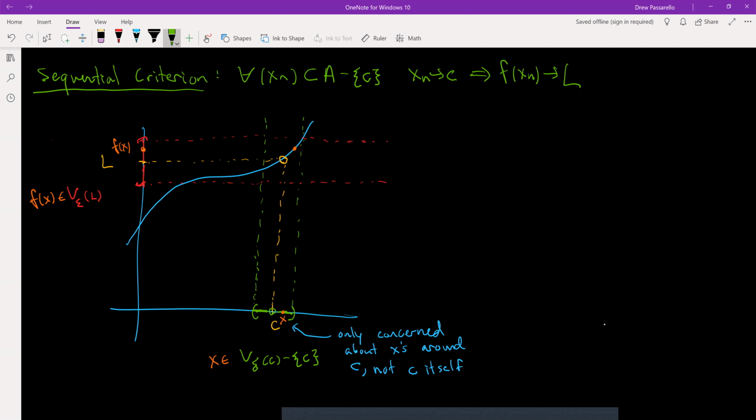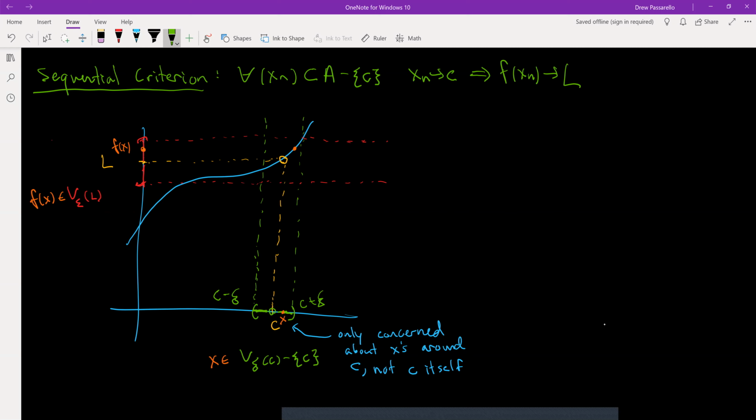So we have c plus delta, and c minus delta. We are focusing on the x's in this punctured neighborhood, and we only care about the x's around c, not c itself.